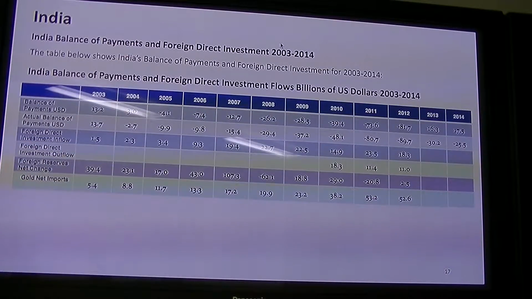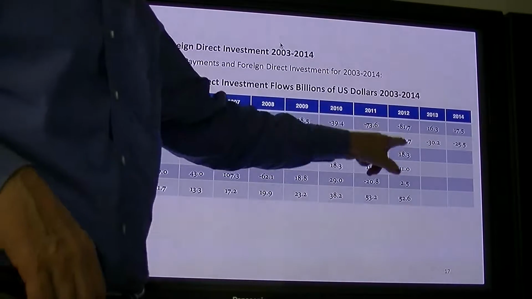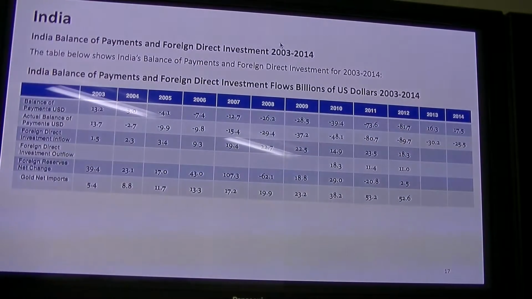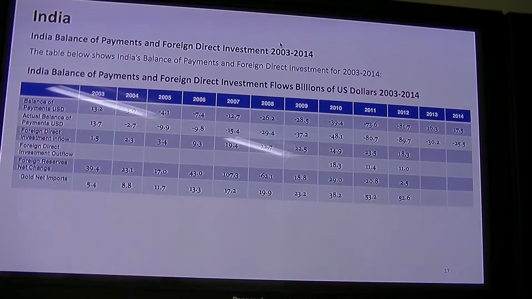Basically the India data only goes up to 2012, just like the data from China, at least on the UN site. If I was going to do something more detailed, I would look at the Bank of India, since they probably do have updated FDI figures.